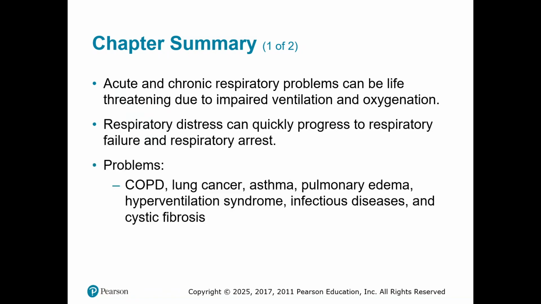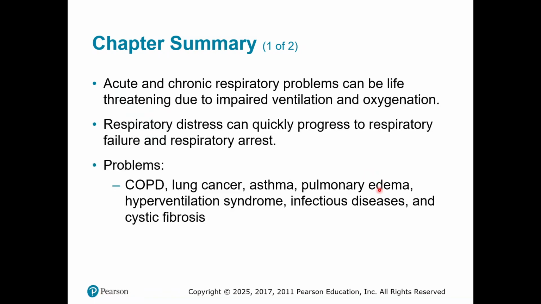All right, so what we talked about in this chapter is acute and chronic respiratory problems. We talked about respiratory distress, how important it is to understand the differences between someone who is in mild to moderate distress versus someone who is in respiratory failure. We talked about disease patterns that affect respiratory, such as COPD.